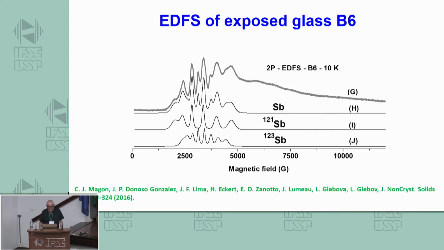So what did the EPR then look like? First of all, this is the sample that was most interesting and most intriguing, the EPR spectrum of the exposed glass B6. So this one has everything in it: silver, tin, antimony, and cerium, and it was also irradiated with UV.